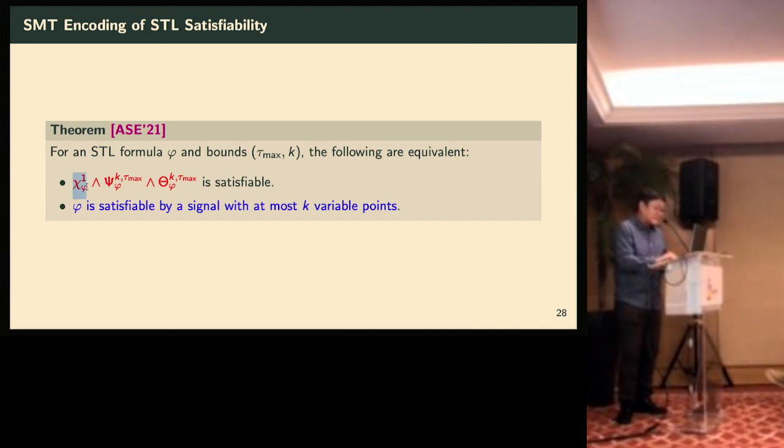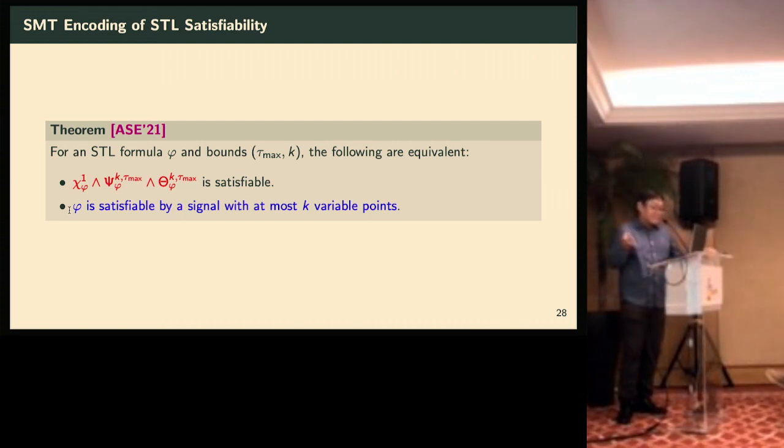This formula means that the first interval is the top position. If the relationship formula is the one mentioned in the previous theorem, and then this is the fully stable refinement formula corresponding to one top position, it is satisfiable if and only if phi is satisfied by a signal with at most k variable points.